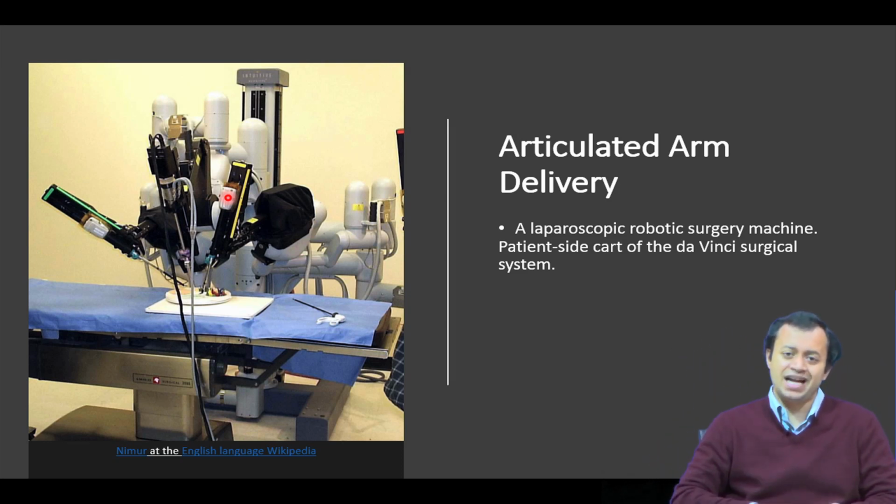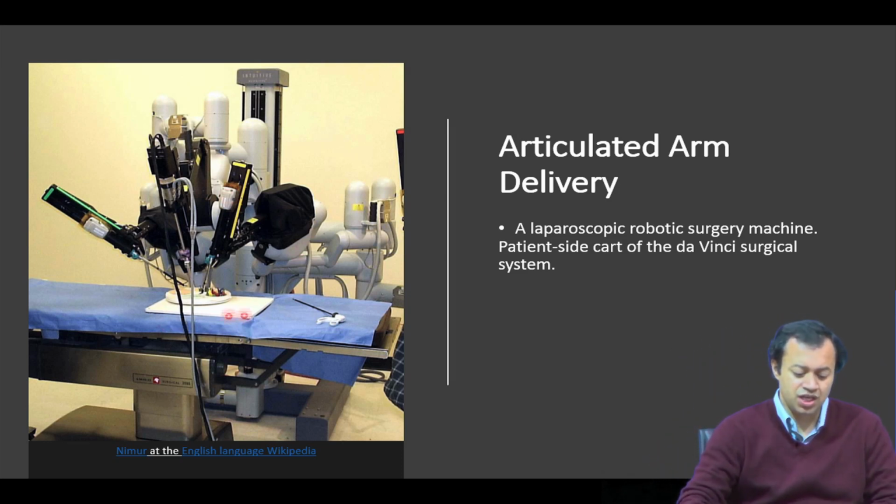If you can do that there, why can't we do this here for a human being, where these robotic arms are either operated virtually or simply automatically, they have a program inside. The patient simply sleeps there, and without much human intervention per se, it does its work. It's sets of robots, articulated arm delivery.